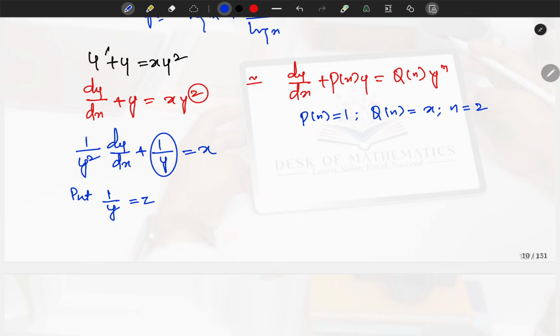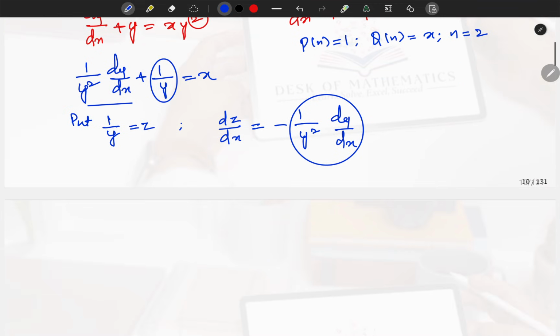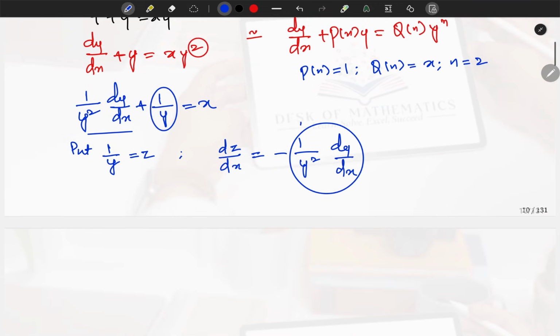Then you differentiate it on both sides, so dz upon dx is equal to minus 1 by y square dy upon dx. Now you have this 1 by y square dy by dx, so put it here.